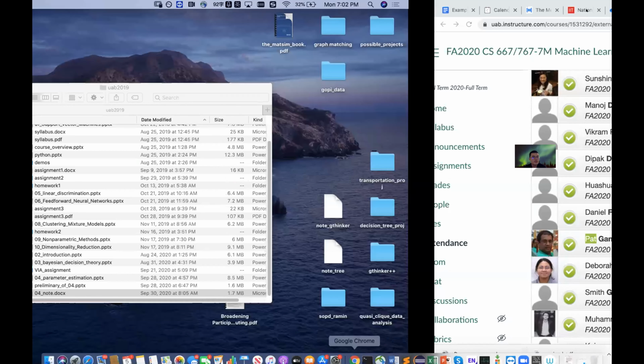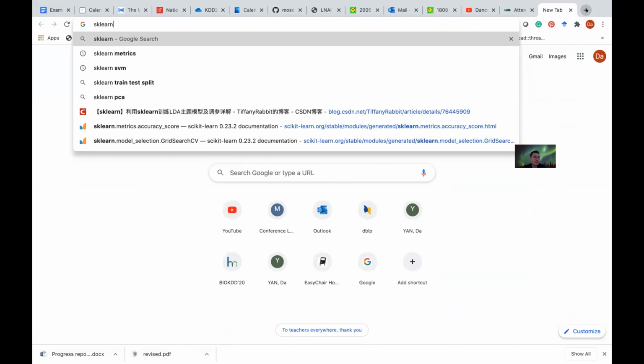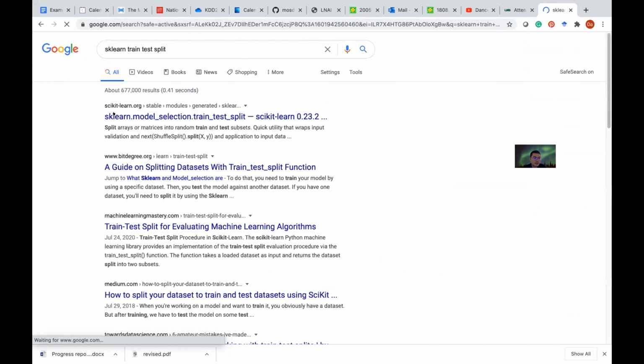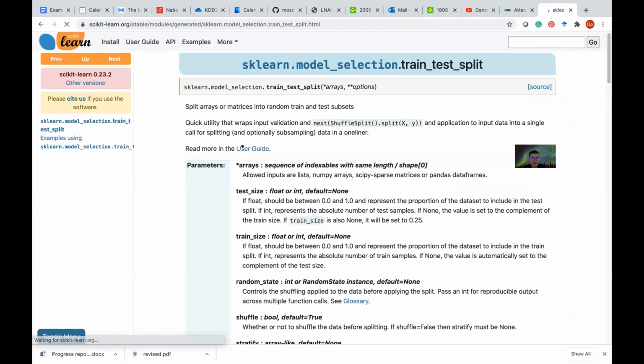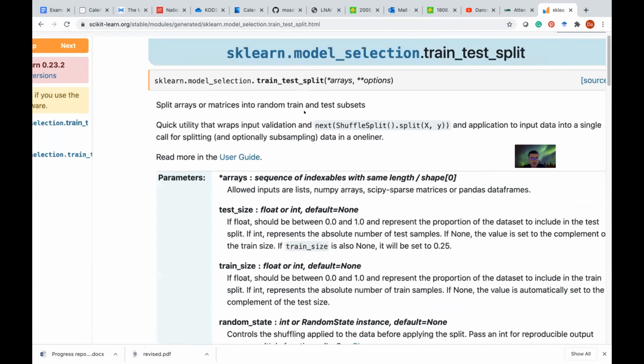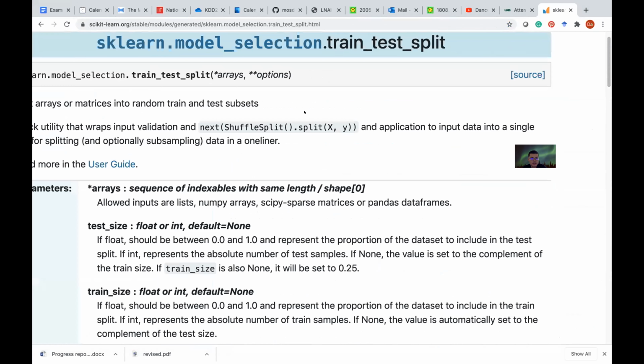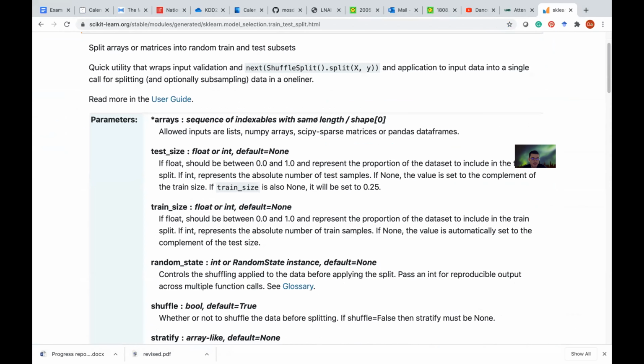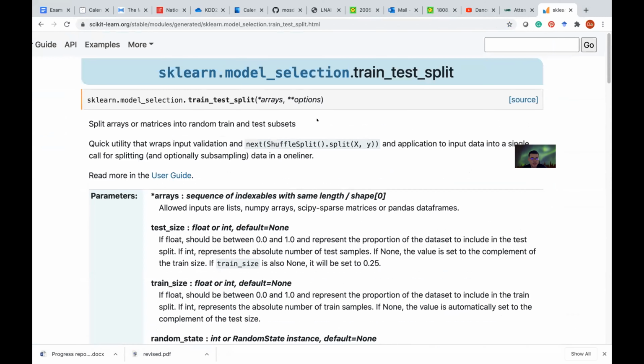Our training data is not the same each time. You should know there's a train-test split: you want 80% to be training data and 20% to be test data. But it's not always the first 80%. It's random.